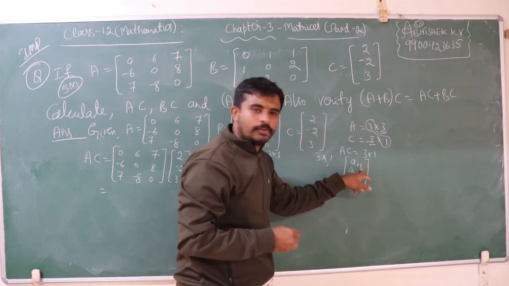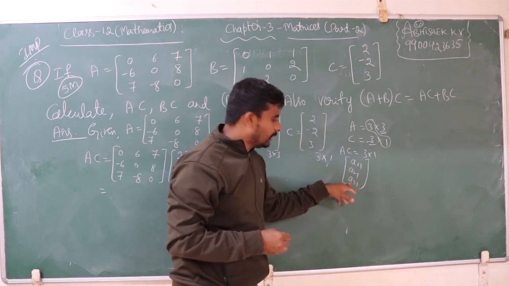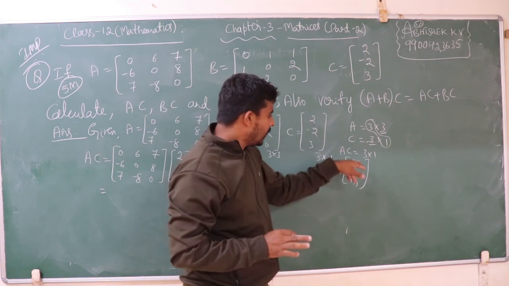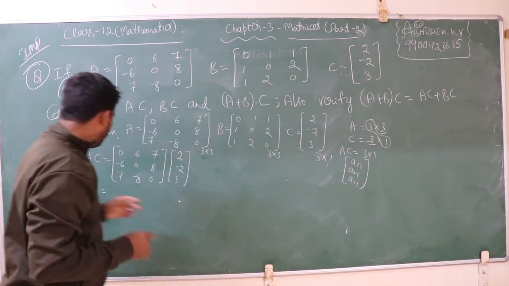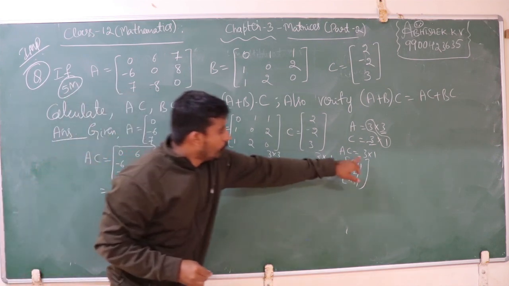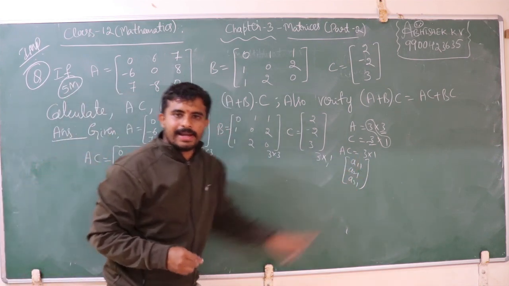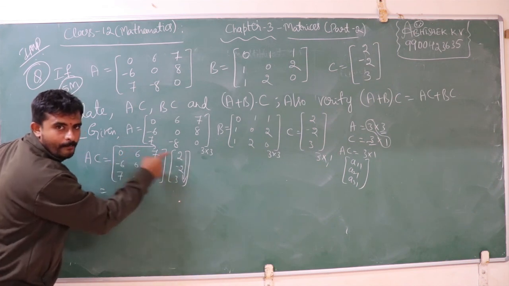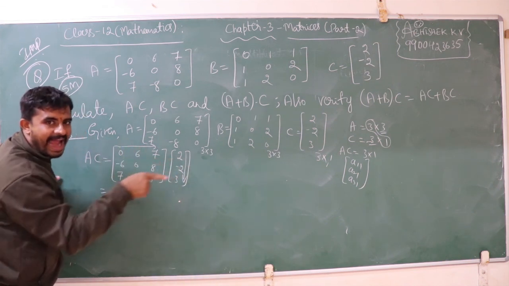These are the first row first column, second row first column, and third row first column elements. To find A11, we should consider the first row of matrix A and the first column of matrix C. We need to multiply element-wise and add them.